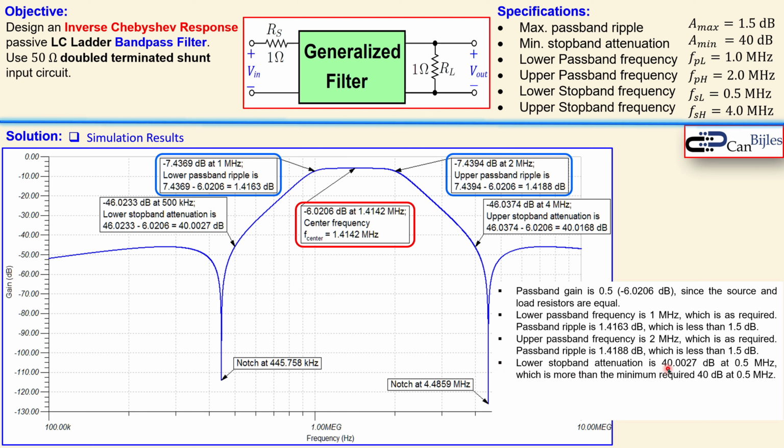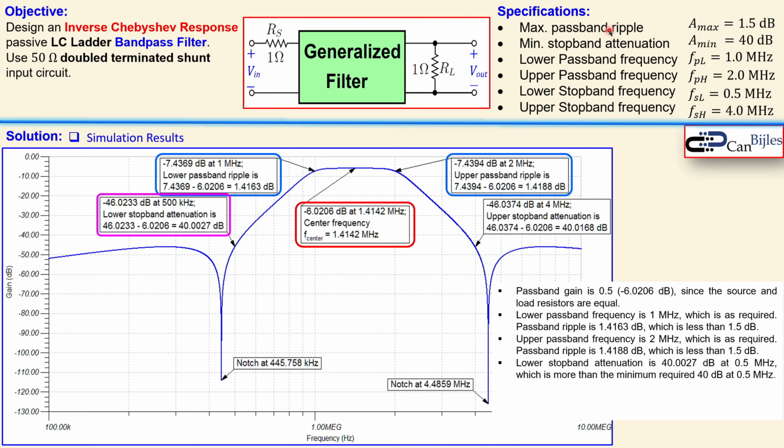The lower stop band attenuation is labeled here in this pink box, going down from the baseline to this value at 500 kilohertz, so it's 0.5 megahertz. You go down by at least 40 dB, as shown here. For the inverse Chebyshev design, according to our steps, you achieve your stop band attenuation almost exactly, but you get more headroom or less ripple than the maximum allowed in the passband.